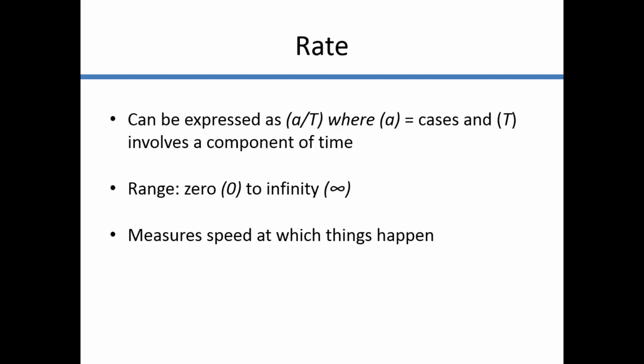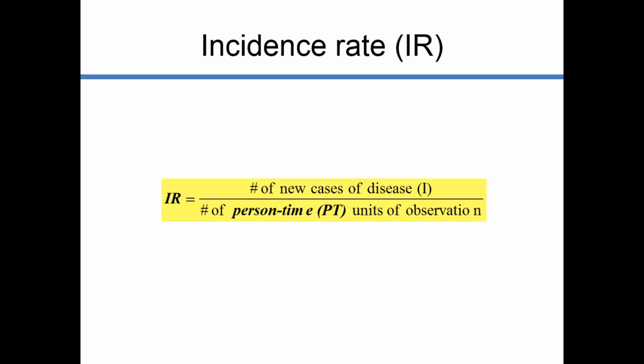And they said 30% or 20% or whatever, that would be more intuitive. So rate is more precise in terms of time. Risk is more intuitive in terms of personal risk. So here's a formula for incidence rate in epidemiology: the number of new cases of disease during a certain follow-up time, divided by the number of person-time units of observation.